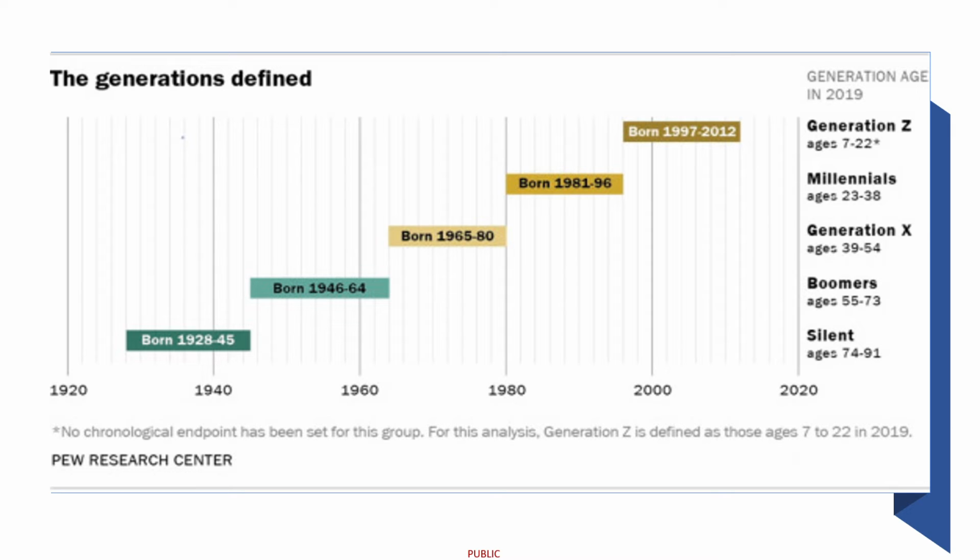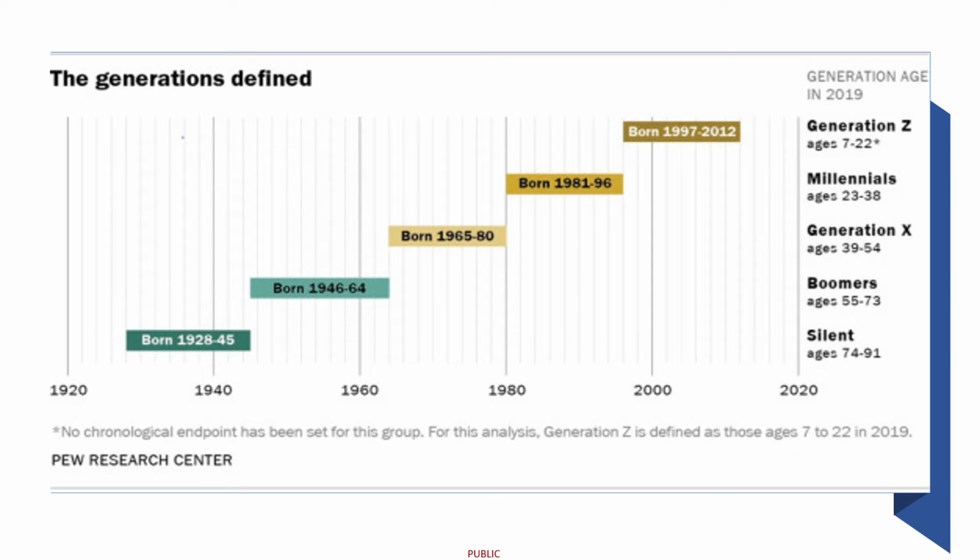On the right hand side you can see the boomers' age will be from 55 to 73. Then horizontally we have 1980. These people are born from 1965 to 1980. This is the range, maximum and minimum, and this generation is called generation X. According to this, their age is 39 to 54.